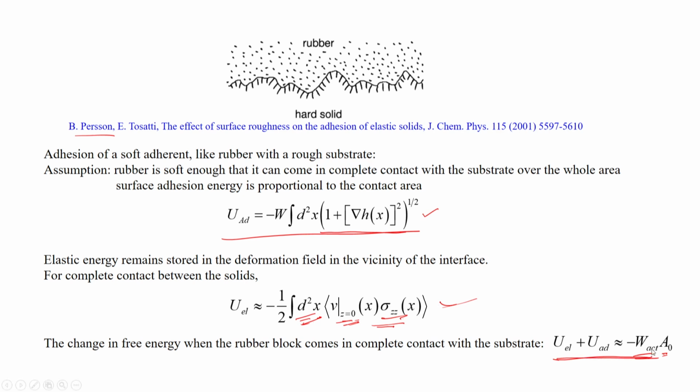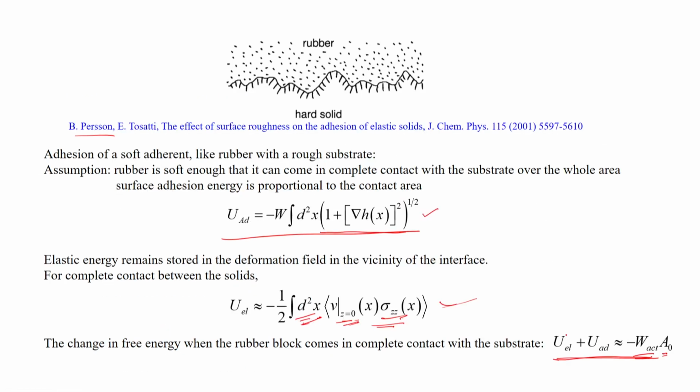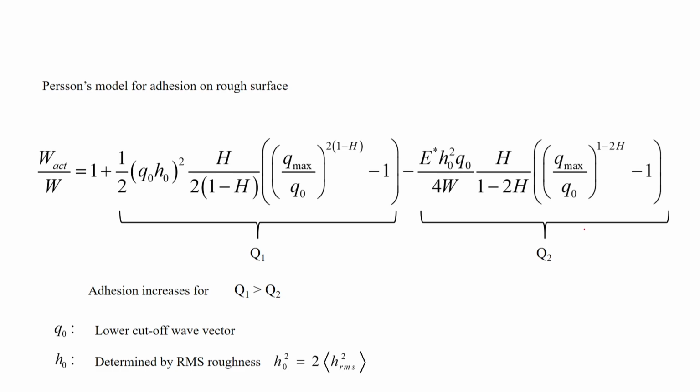And Persson further worked on it, and by these relations, along with the power spectral density for this self-affine surface, finally arrived at this particular equation for the actual work of adhesion divided by the nominal work of adhesion, whatever it is for the smooth surface, that is capital W. So you see, this is W actual by W, and it is equal to 1 plus some quantity.